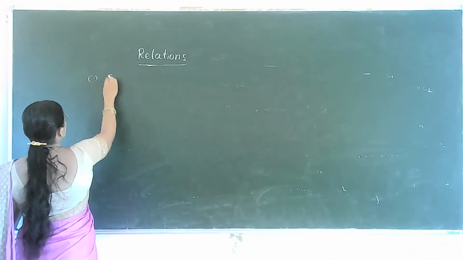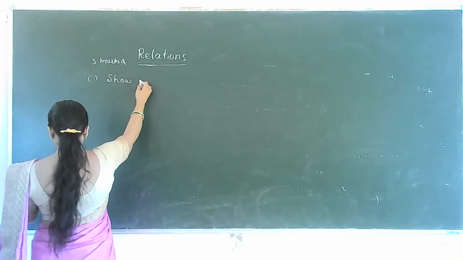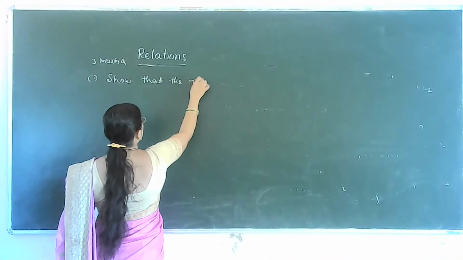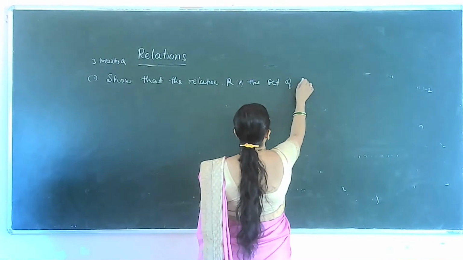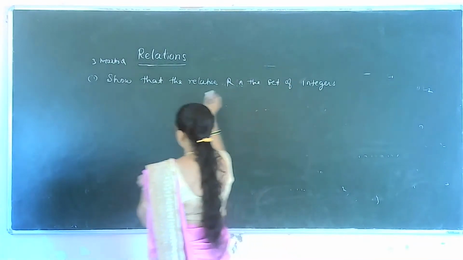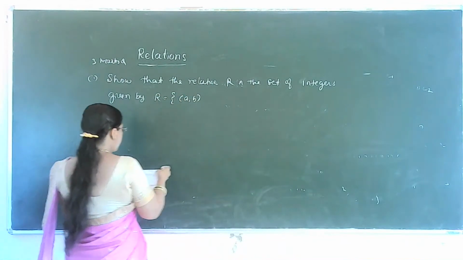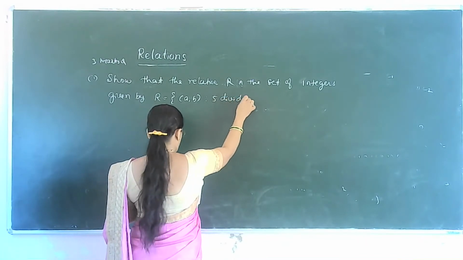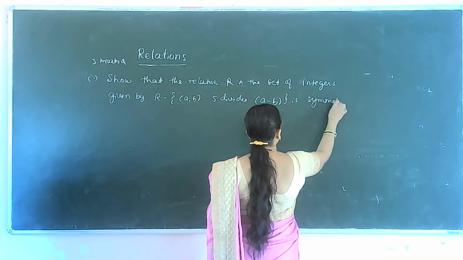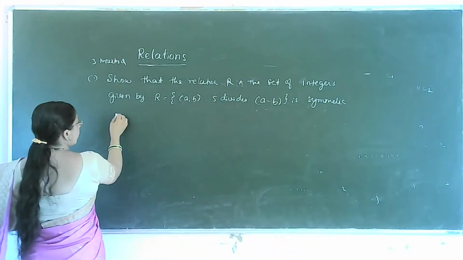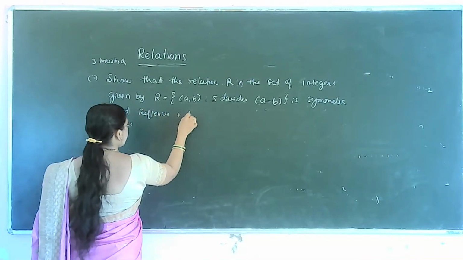Show that the relation R in the set of integers, given by R is equal to {(a,b) such that 5 divides a minus b}, is symmetric, reflexive and transitive.